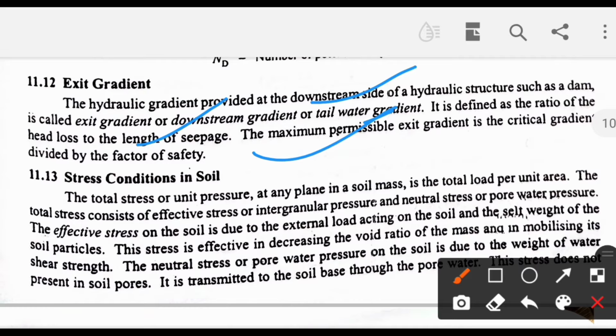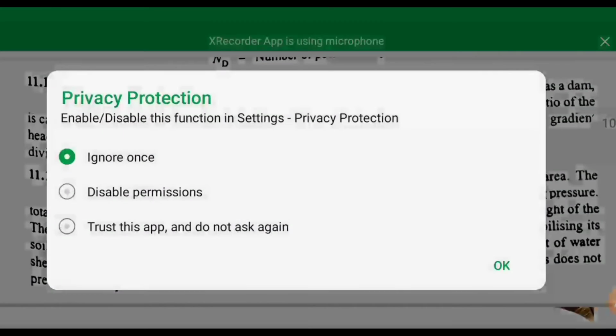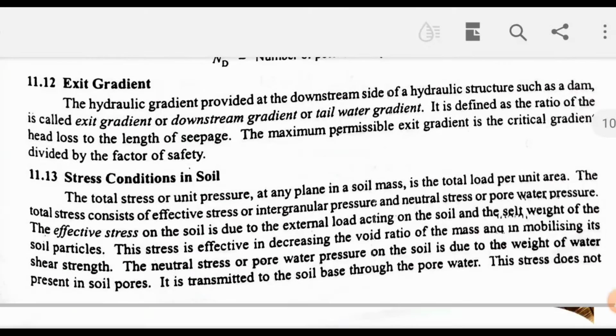Stress conditions in a soil. The total stress or unit pressure at any plane in a soil mass is the total load per unit area.